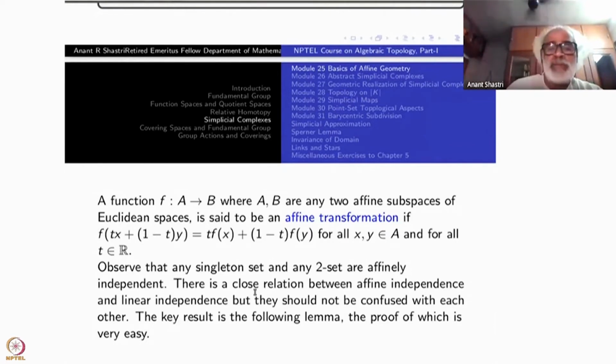There is a close relation between affine independence and linear independence, but they should not be confused with each other. The key result is the following lemma, the proof of which is very easy. What is the correspondence between affine independent and linear independent?